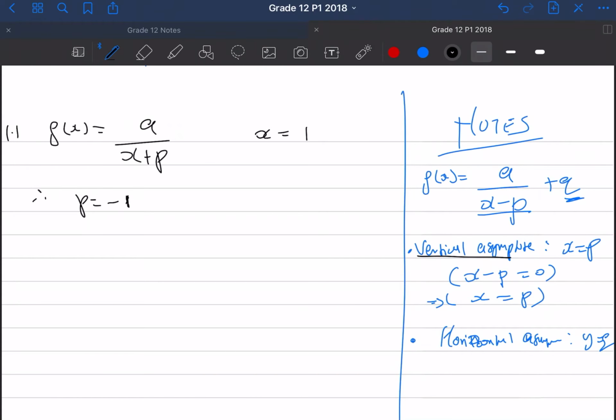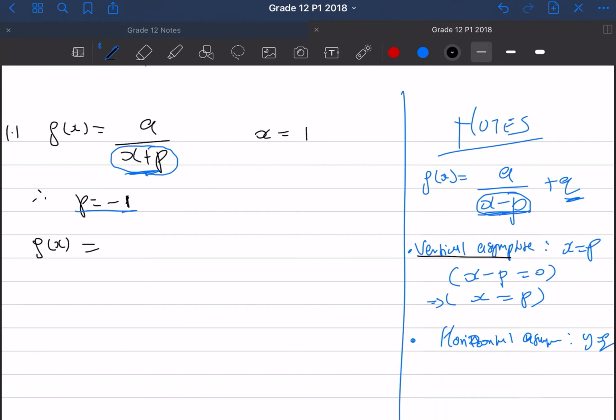Why is that? Because we're having x plus p here, but the general formula is x minus p.